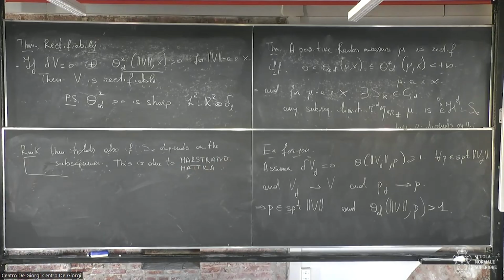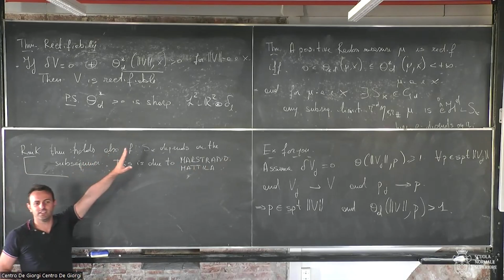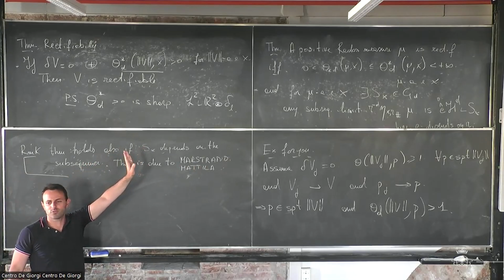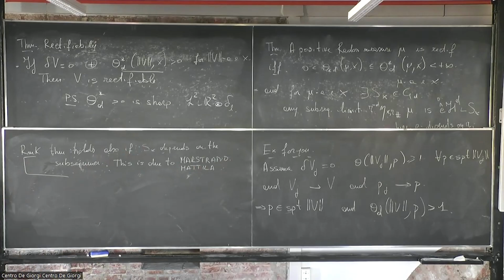rectifiability theorem. So I don't know if you have already seen the proof of this kind of result. Otherwise, we can go through it together. Okay, so let's first do this theorem. Good.